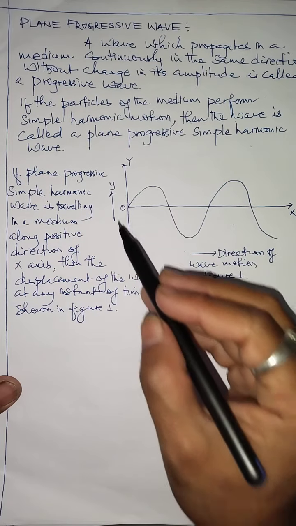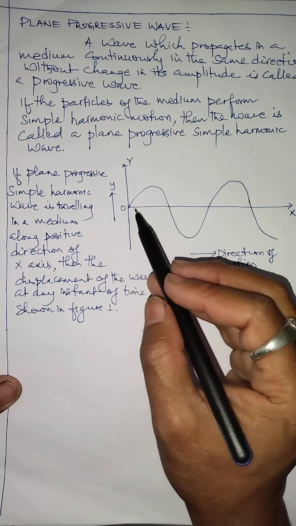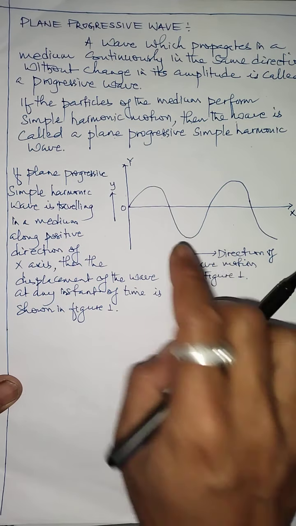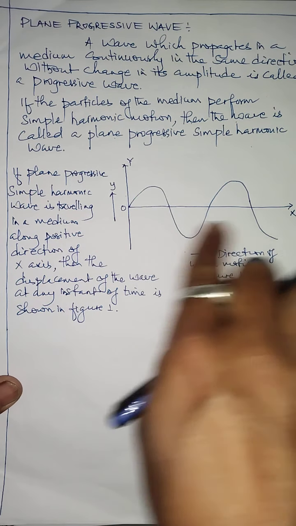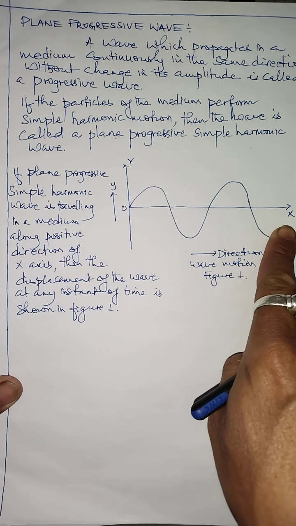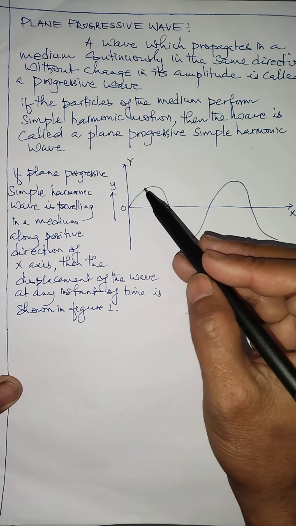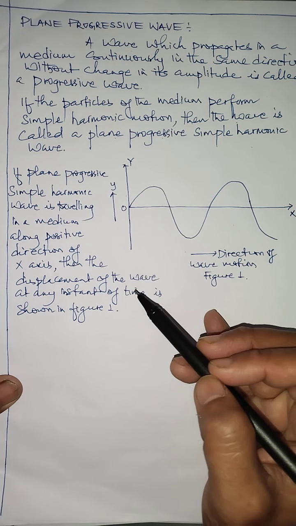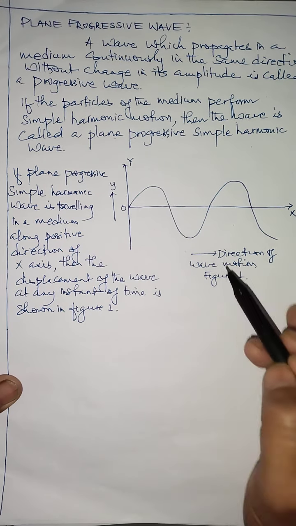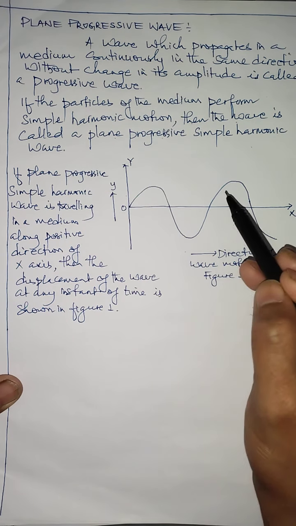That's why, children, the diagram which I have drawn here is the plane progressive simple harmonic wave which is propagating, say, along which axis? Positive direction x-axis. So that we can measure the displacement of the wave at any instant of time. This particular figure 1 shows the displacement of the wave at any instant of time.